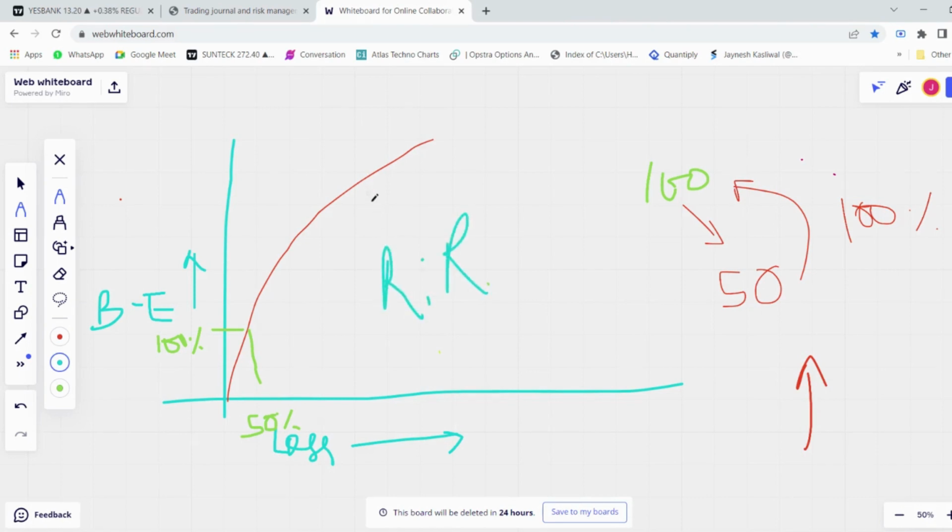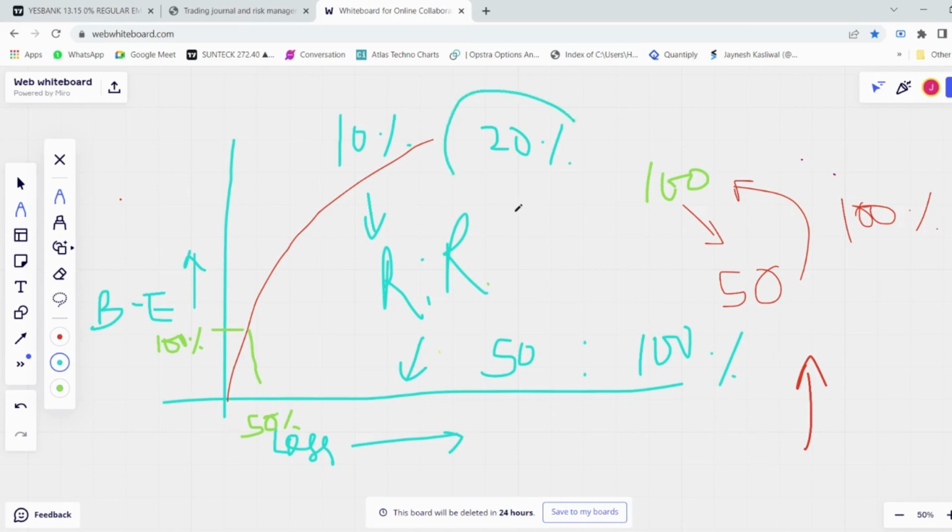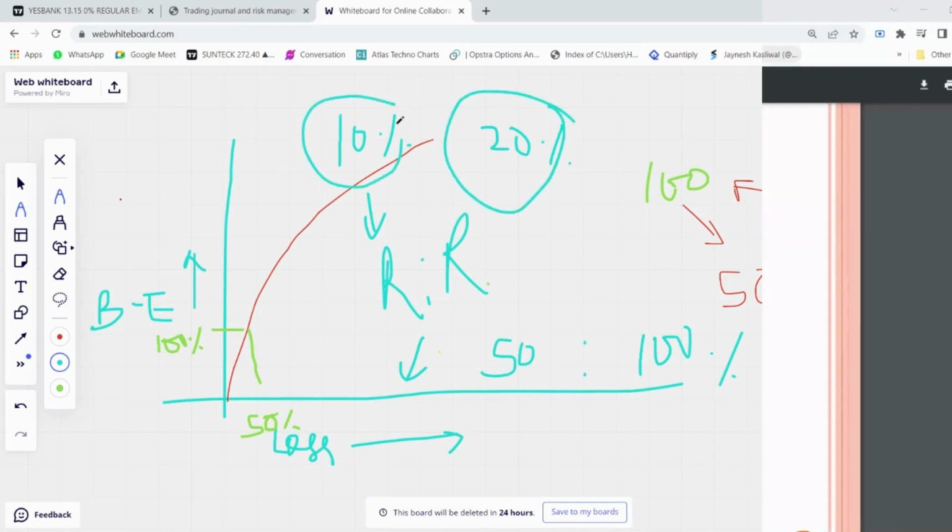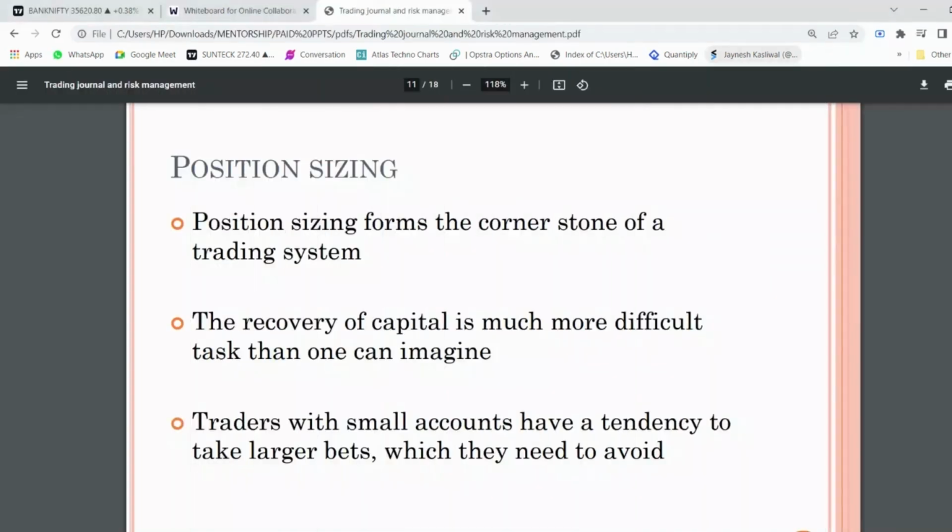If your risk is say 10%, your reward should be minimum 20%, so that you are profitable over a period of 10 trades. Now I am not suggesting you keep a risk of 50% and a reward of 100%, because you will not get a reward of 100% regularly, but you can get a reward of 20% regularly with a risk of 10%.